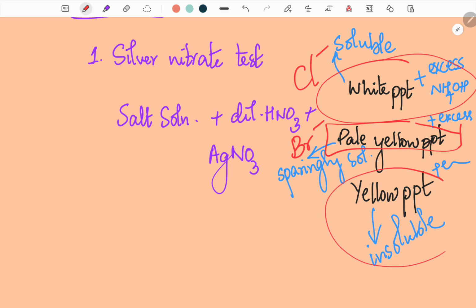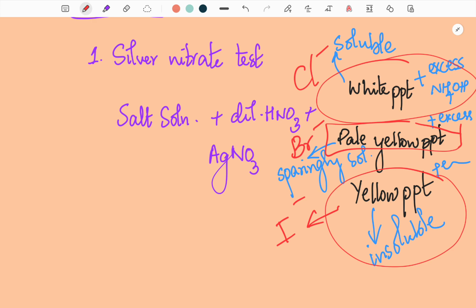And if you are getting a yellow insoluble precipitate, then that means iodide ion is present in the salt. So depending on the color and the solubility, you have to determine what halide is present in your salt. Now let's learn the chemistry behind the reaction.